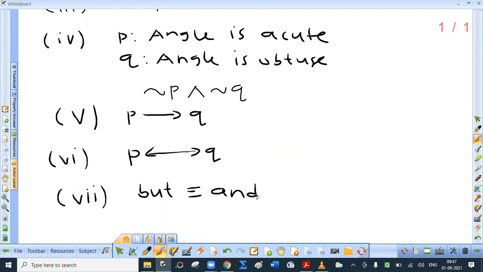Symbolic form is P and Q. But if you say we will define P as X is an irrational number, then your answer will be not P and Q.